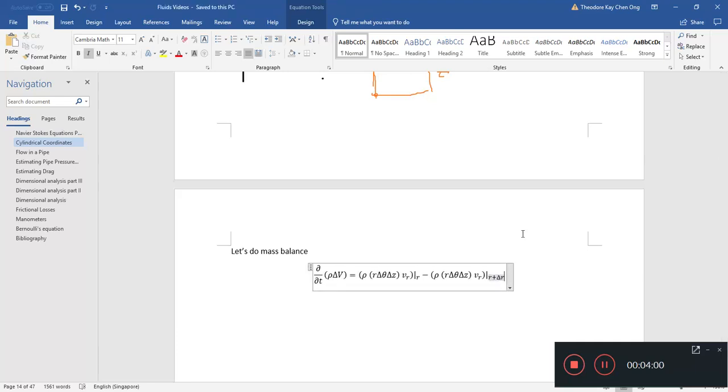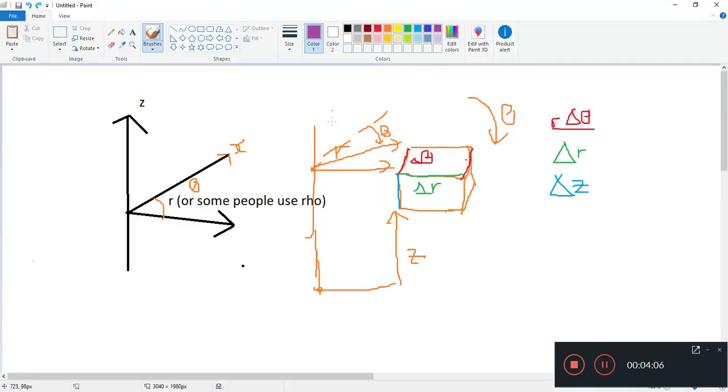Okay, now z coordinates, very straightforward. So z is moving this way. That's vz moving this way. And what is the area? The area is delta r and the red line, r delta theta.